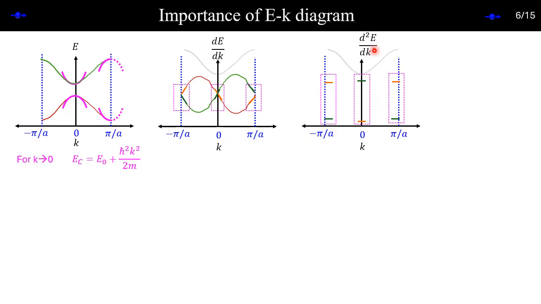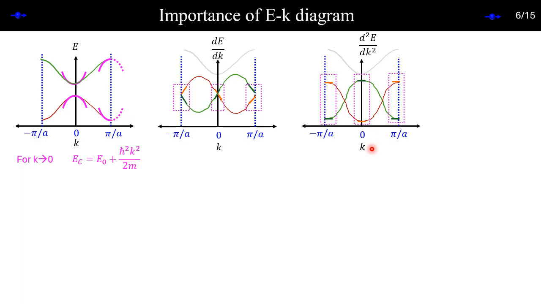Since this is a straight-line slope, the derivative becomes constant, and the sign of this constant, meaning of 1 over the effective mass, changes for electrons in the conduction band and electrons in the valence band. So this is very important.